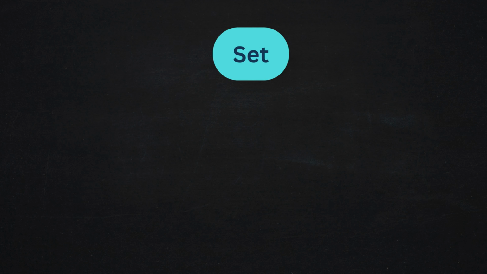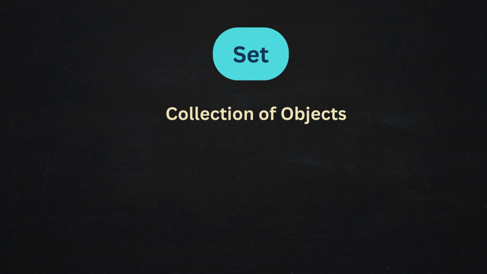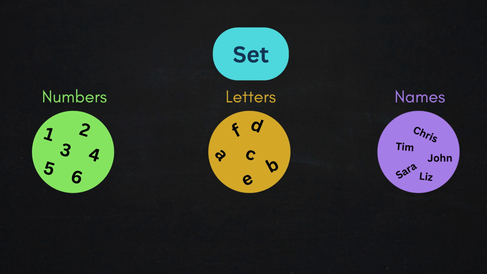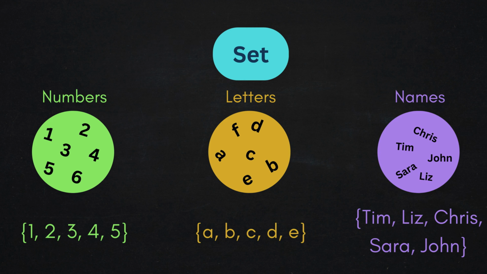A set, by definition, is simply a collection or grouping of objects. Typically, sets contain numbers, but they aren't restricted to that. They can also consist of letters, names, or virtually any items you can imagine. Sometimes, sets are illustrated visually like this, but more commonly, mathematicians use a special notation where the elements of the set are listed within curly braces and separated by commas.